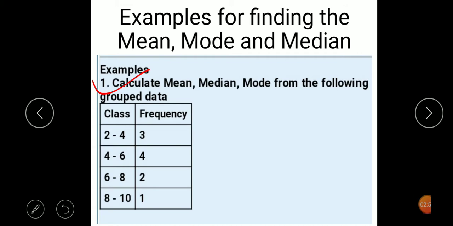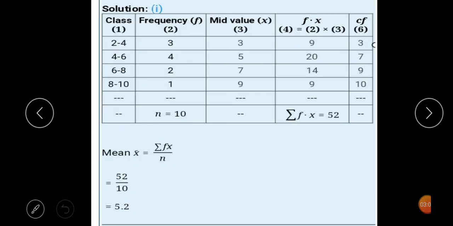Let's continue. The first topic, finding the mean. See this table. We have made the table with the classes, meaning the class intervals, and the frequencies that were given in the question. All the observations we have written here. Now first of all we will make another column for the mid value.